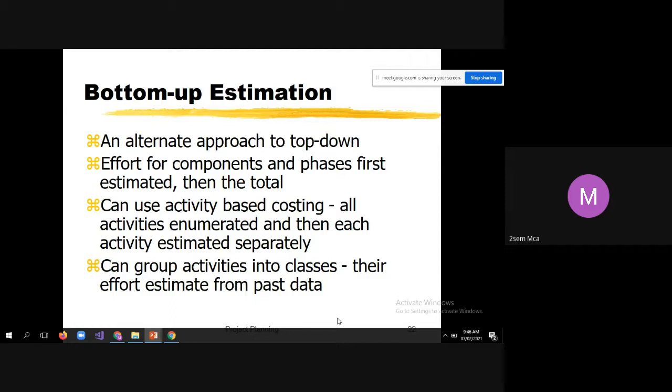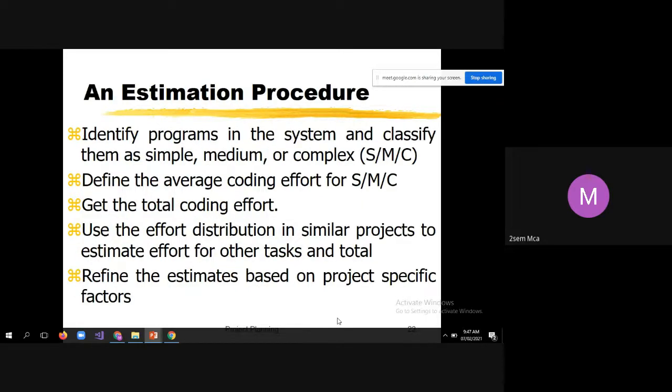Say for example, you can group together requirements and design into one class, then coding and unit testing into another class. Like that, you can group activities into classes.